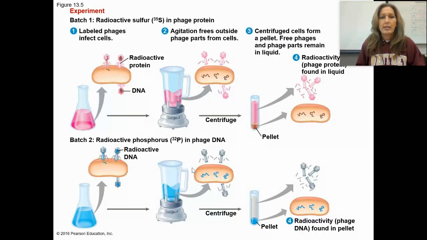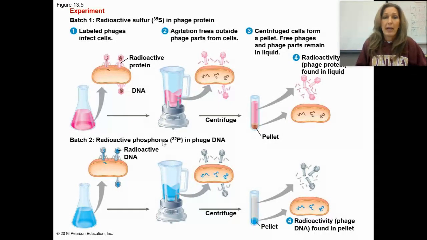So what they did is they radioactively tagged bacteriophages first with sulfur. Now, the sulfur, what we have to remember is sulfur is found in proteins. So the sulfur, remember that sulfhydryl group that is one of the R groups in an amino acid. So the radioactive sulfur allowed them to track then where the protein was going from the bacteriophage into the cell it was infecting.